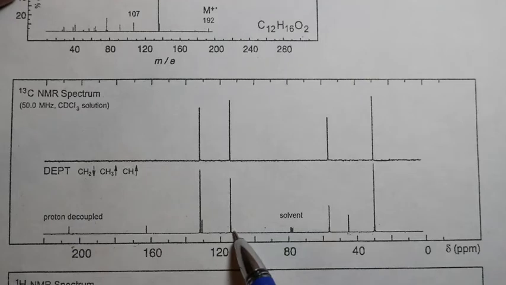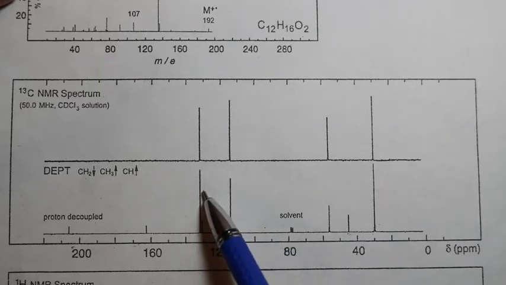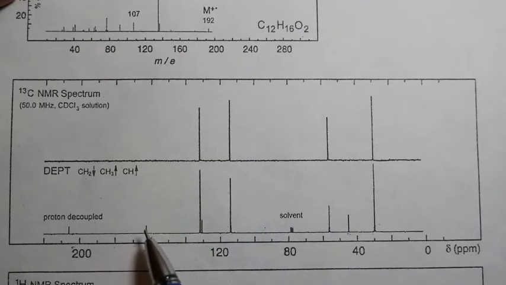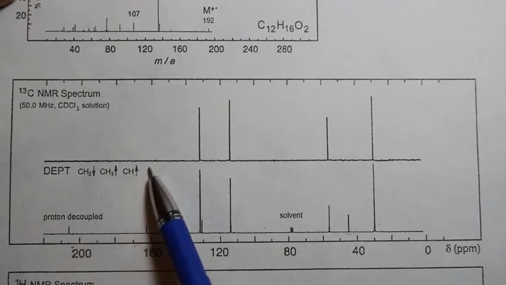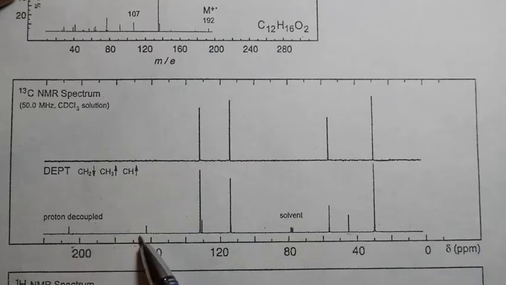And this peak is staying the same, which means primary or tertiary, but we are missing this tiny peak in the DEPT, which means this is quaternary. But this peak is staying the same, so primary or tertiary. Now if you look at these two tiny peaks, we do not see those peaks in the DEPT, which means these two are quaternary carbons.